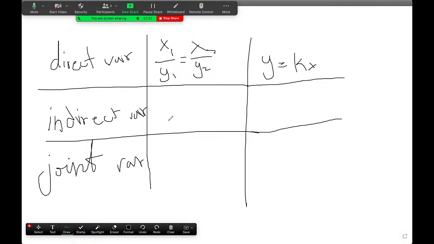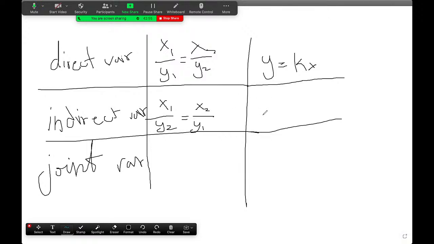So now indirect variations. Basically they're just x1 over y2, instead of y1 now, is equal to x2 over y1. And yeah, that's basically how you do it.